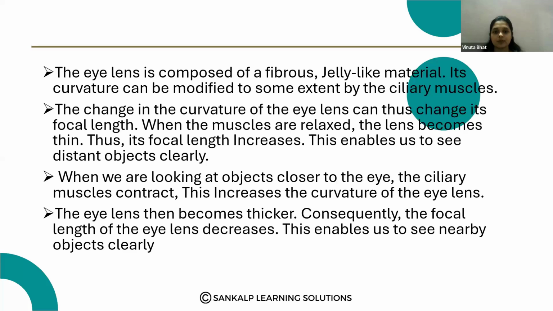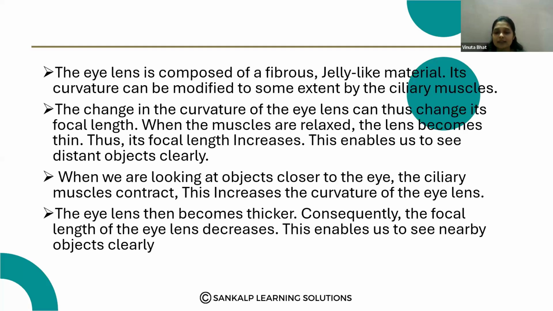This is the answer for the first one. The eye lens is composed of fibrous, jelly-like material. Its curvature can be modified to some extent by the ciliary muscles. The change in the curvature of the eye lens can thus change its focal length. When the muscles are relaxed, the lens becomes thin.